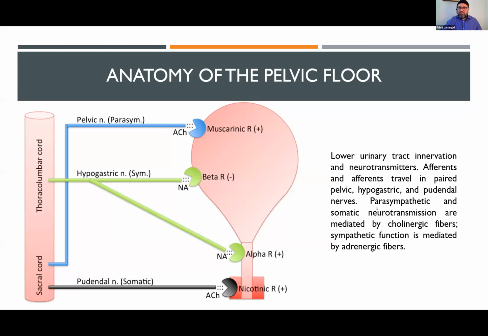They are afferent and efferent fibers covering the hypogastric plexus, the pudendal nerves, and parasympathetic neurotransmitters. So you have the roots which are coming from the thoracolumbar cord and sacral cord. The thoracolumbar cord roots come from T1 to L2, and the sacral roots come from S2 to S3.